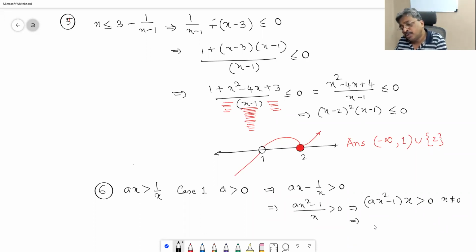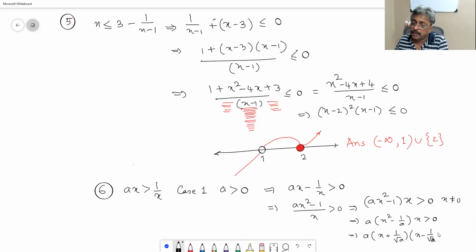So I should factorize this eventually. If I take a common, I get (x squared minus 1 upon a) into x is greater than 0, which makes it a (x plus 1 upon root a)(x minus 1 upon root a) into x greater than 0.